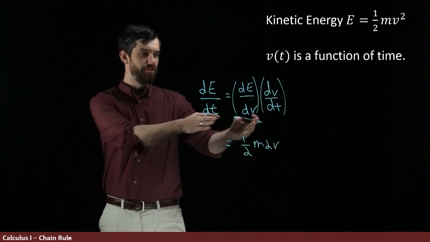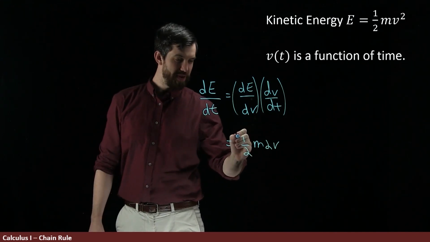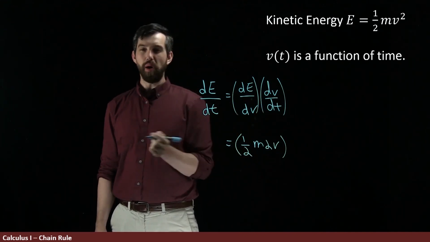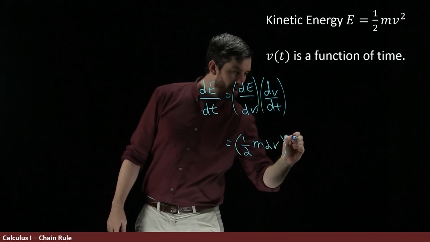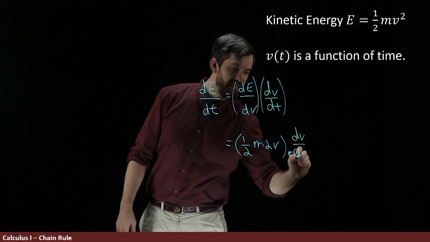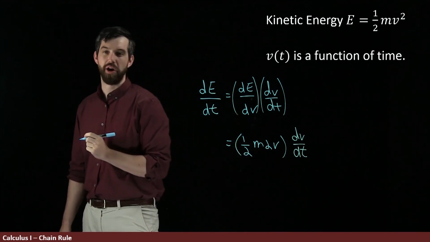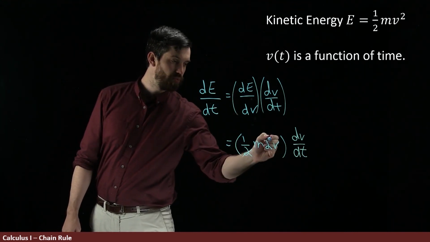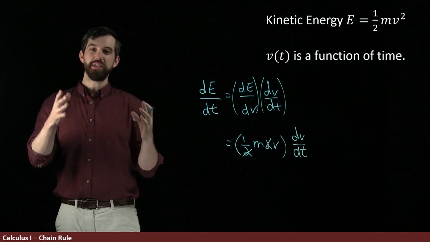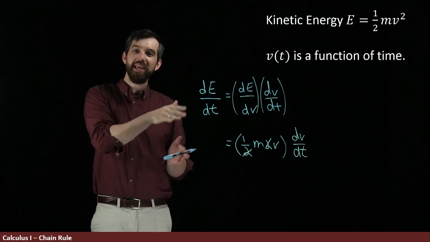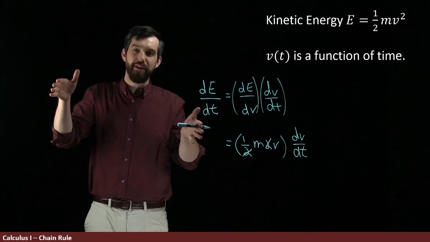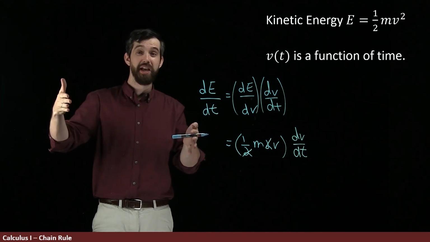So that's the change in the energy with respect to the velocity, but then I have to multiply by the change in the velocity with respect to time. And so I'll multiply on the outside by dv dt, and if I'd given that to you, we could have done that computation as well. And of course, the 2's will cancel here. So this shows us how we can take the derivative of one variable with respect to another variable, even if there are intermediate variables, because our function really is a composition.